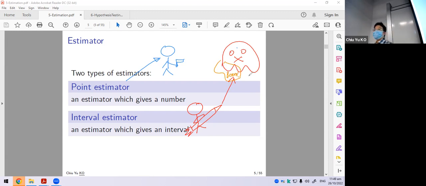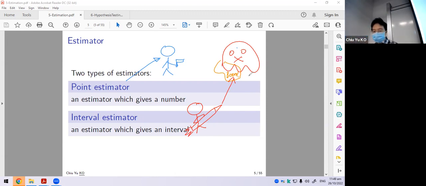Then this will be an interval estimator. Instead of hitting a point, you hit a large area. It's like going nuclear. Boom. Or throwing a grenade. It's not going to be hitting one point, but a bunch of points.